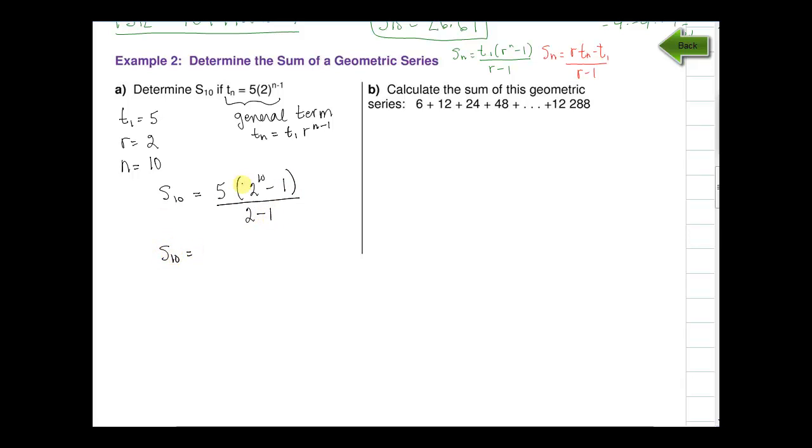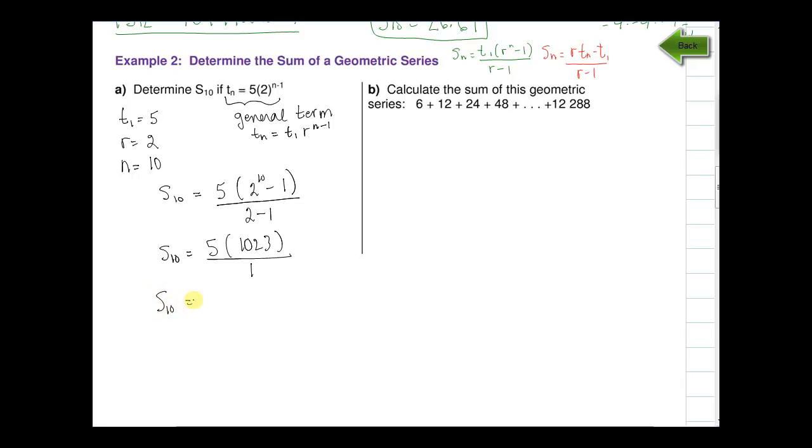First determine what's inside the bracket. So 2 to the 10 minus 1 gives you 1023. And divide that by 2 minus 1, which is 1.